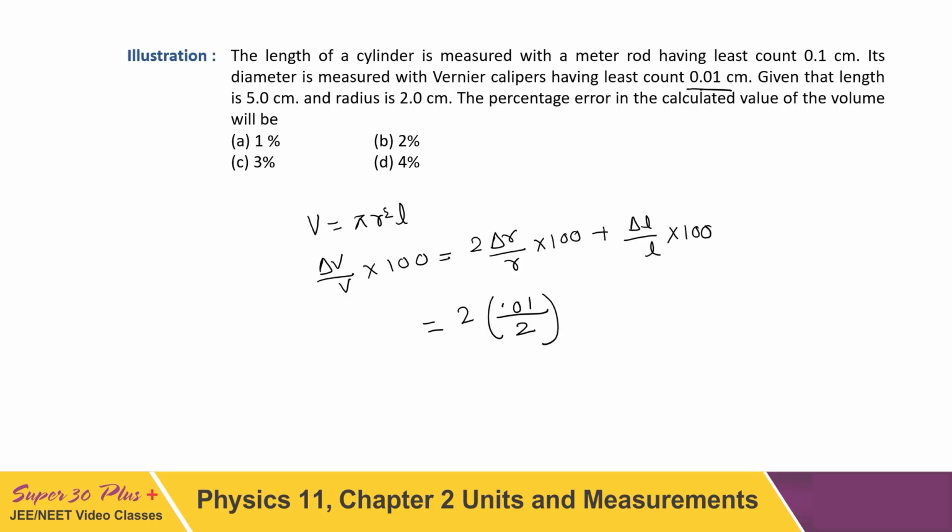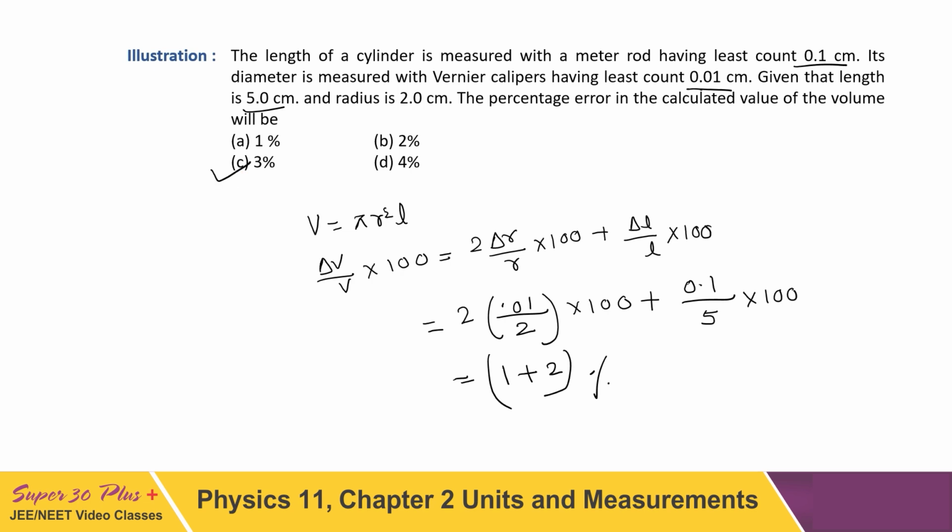Both values are given in centimeter, so no need of conversion. Into 100 plus delta L, the least count of the meter scale, given here as 0.1, and the length is 5 centimeter, so 0.1 upon 5 into 100. On calculating this, we will get 1 plus 2%. That is the percentage error in volume, and so the correct option is option number 3.